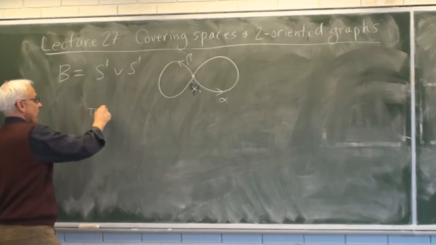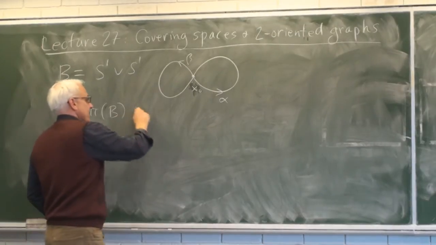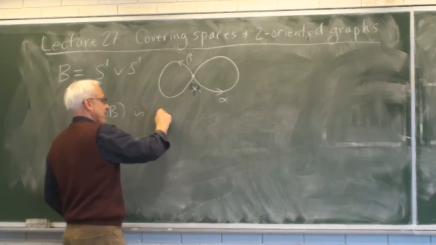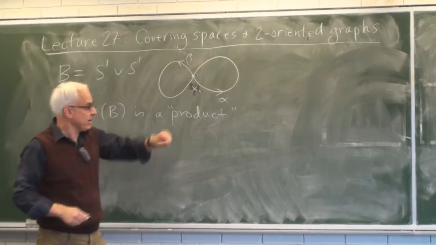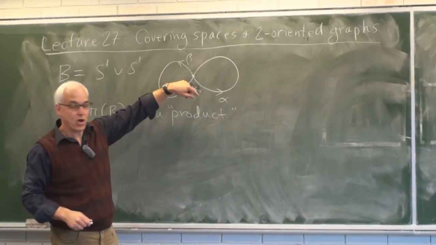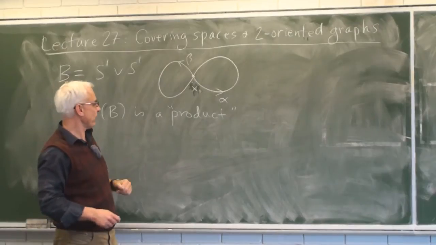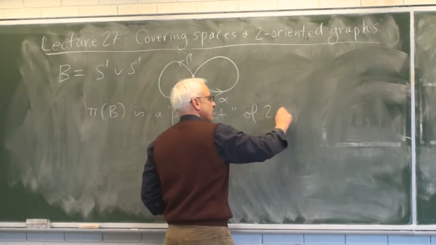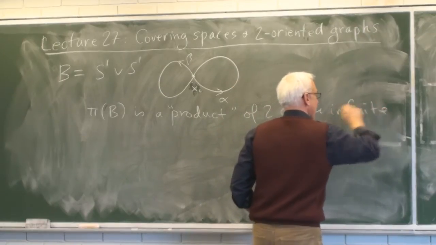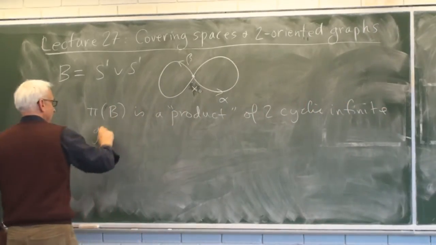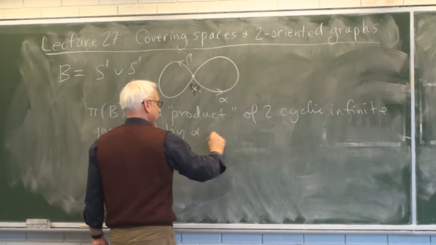So the fundamental group of this space B is some kind of product of the infinite cyclic groups, the fundamental groups of each of the individual two circles. It is a product of the two infinite cyclic groups generated by alpha and beta.